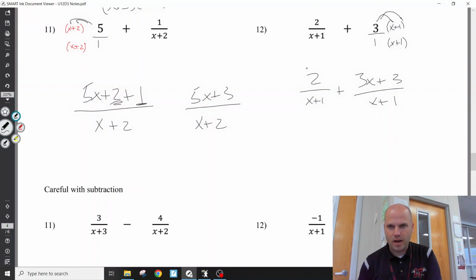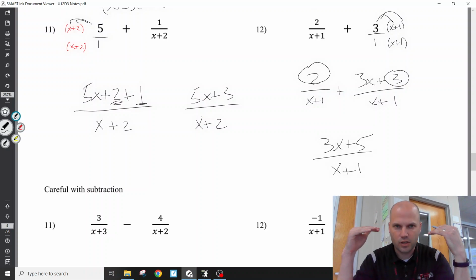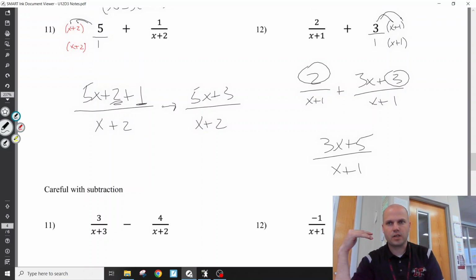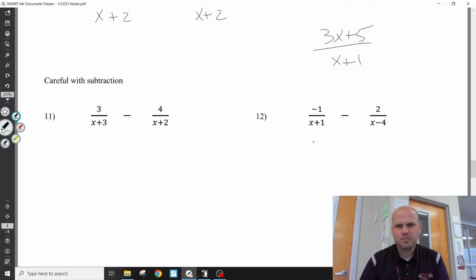When we add, we have the common denominator, 2 and 3, 5. I have 3x plus 5 over x plus 1. Don't change the denominators. It's a common denominator. Probably could have skipped that, do 2 plus 3x plus 3 over the common denominator, x plus 1. Okay? Now, those are hopefully fairly straightforward.